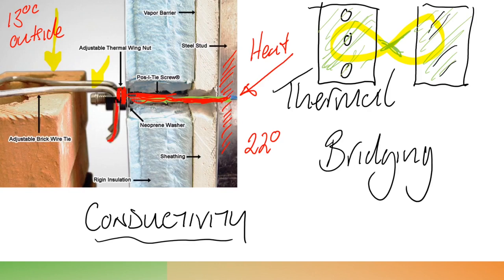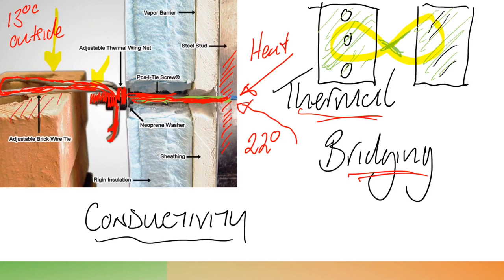You remember about equilibrium, it only stops when it is equal. So all of this brick, all of this tie here, through conductivity is being heated up, and as a result thermal bridging has happened. All the heat is travelling from the inside out through the brick ties to the brickwork itself.